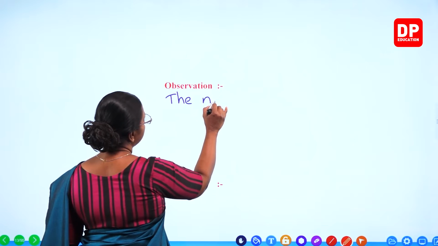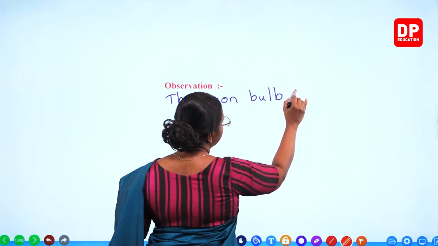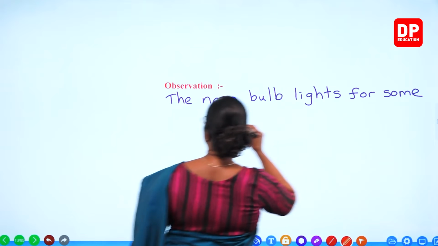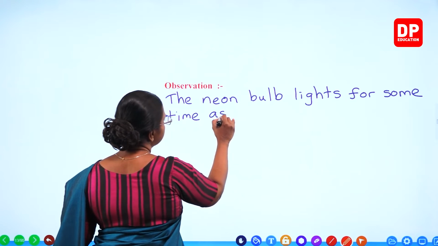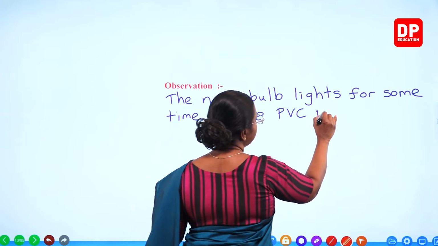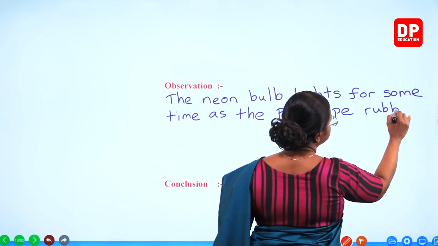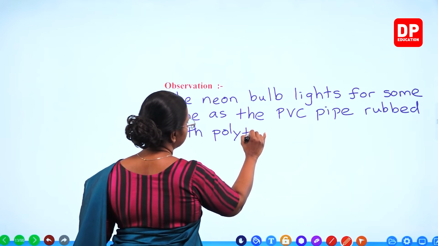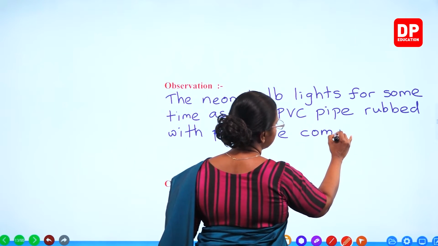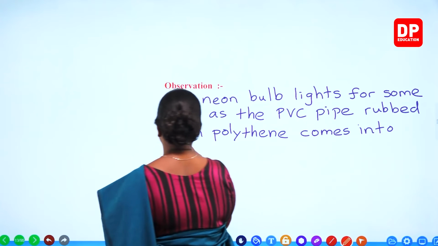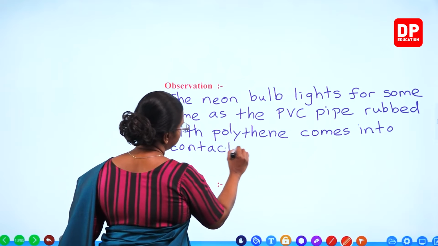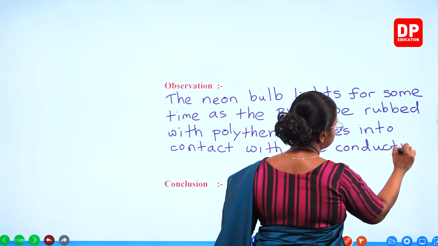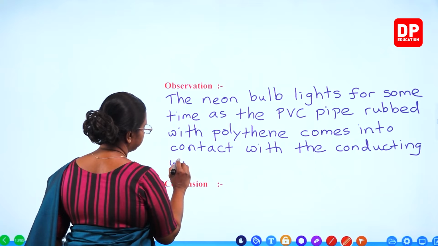the neon bulb lights for some time as the PVC pipe rubbed with polythene comes into contact with the conducting wire.